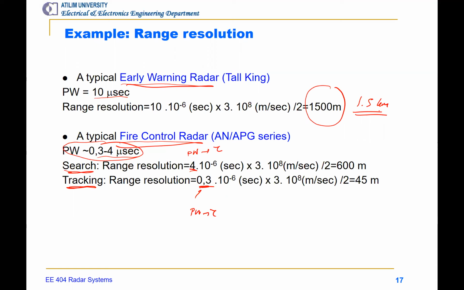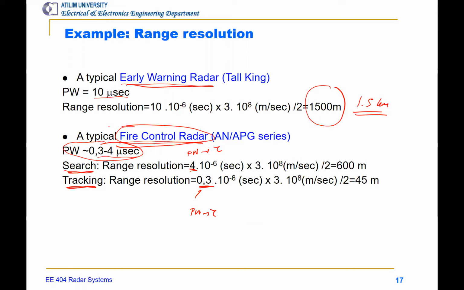Okay, so at long distance, we want to detect them. On the other hand, for fire control radar, where I fire or launch a missile, for example, I want to know the target position, right? And precisely: angle, position, and speed, these are critical.